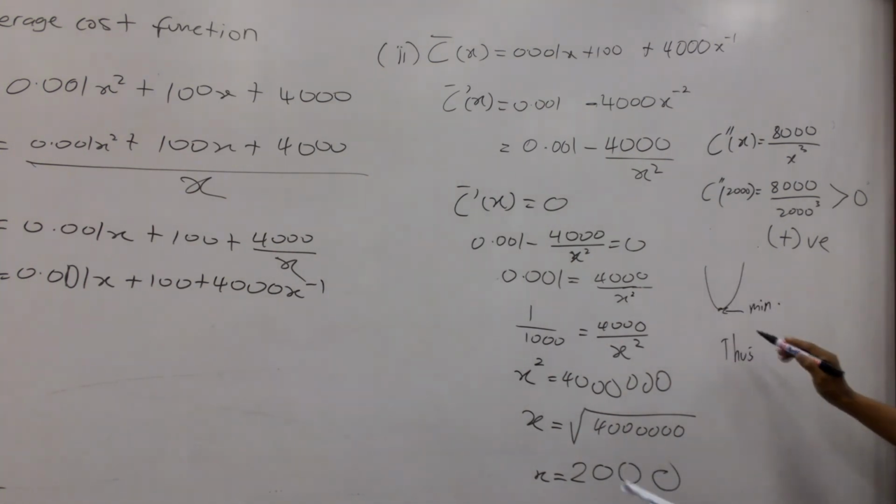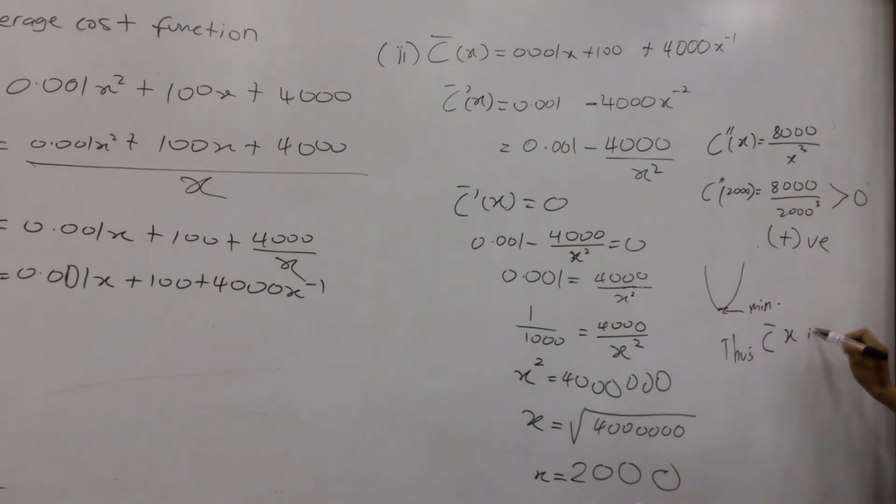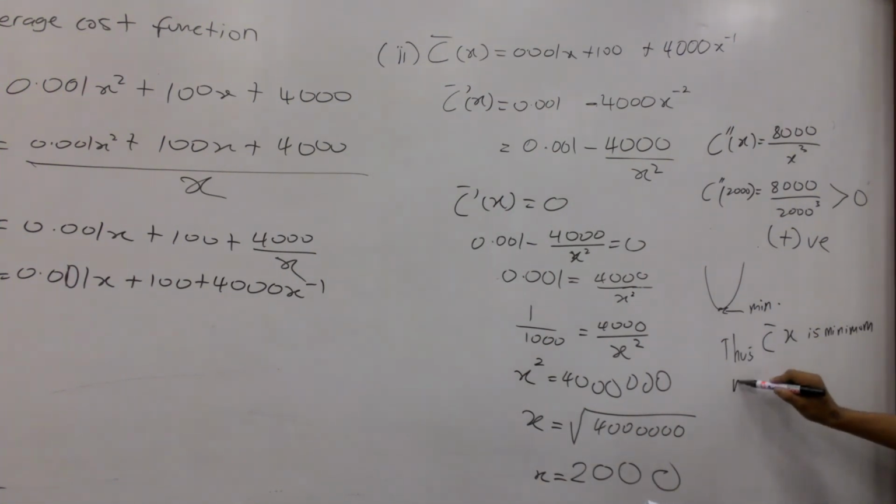This is for the calculation: C bar x is minimum when x equals 2000.